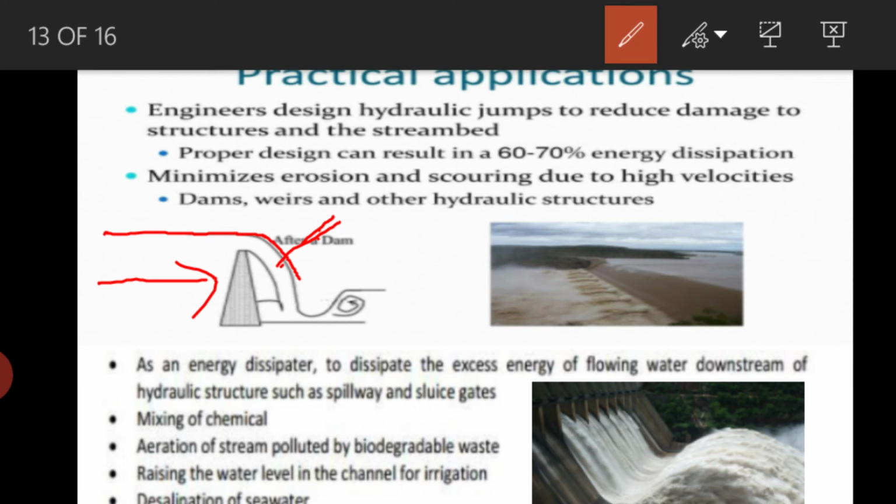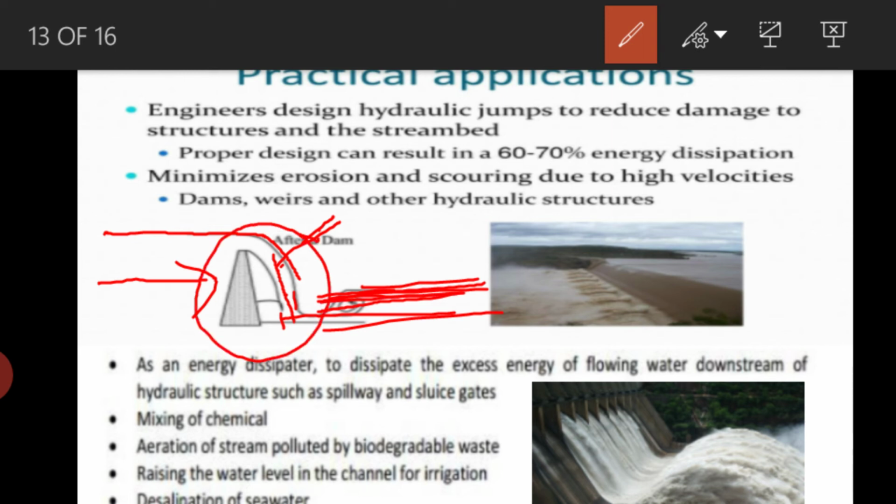The moment it falls down, if it flows with a very high velocity, then it may scour or erode the bed. In turn, it affects the stability of the structure. We have to prevent the bed from the erosion of the flow. To prevent the erosion of the bed, we have to create a hydraulic jump.